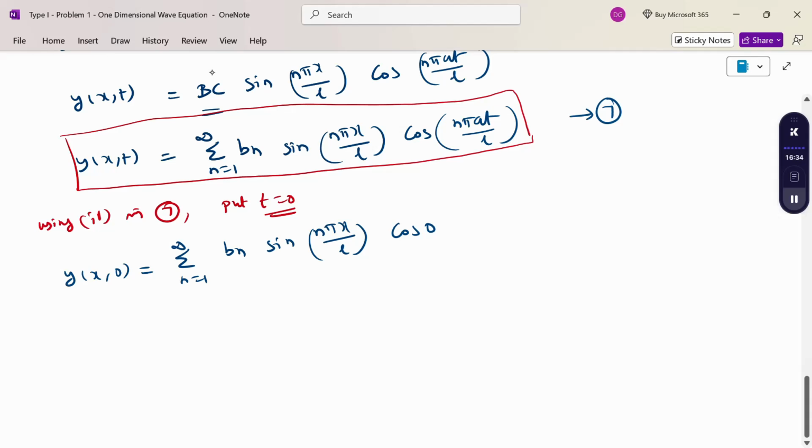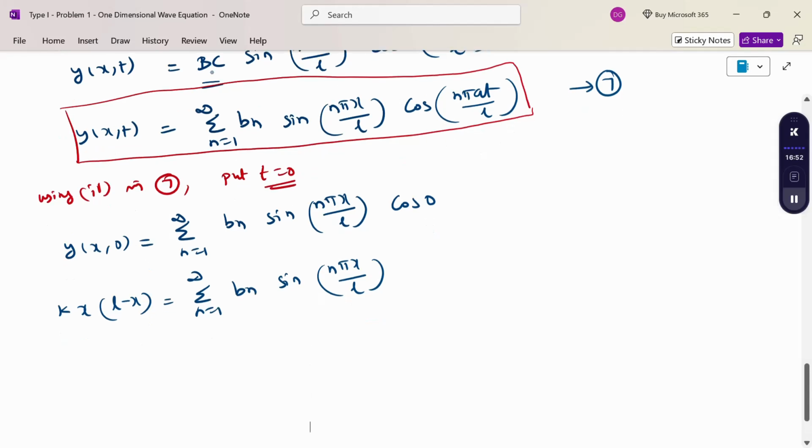Therefore for the fourth condition, the displacement is non-zero. The value is k into x(L minus x) equals summation n from 1 to infinity b n sin(n pi x by L).